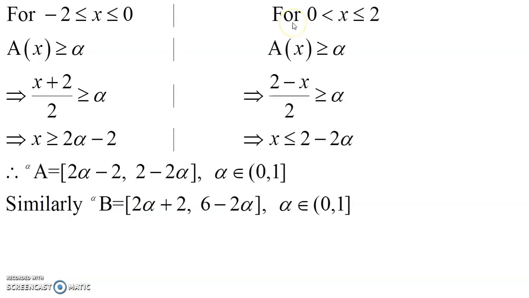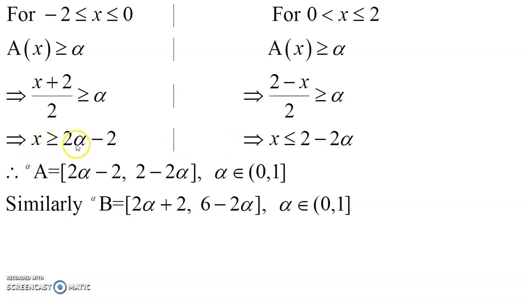The next range for A is 0 strictly less than x less than or equal to 2. In this range, consider the restriction A of x greater than or equal to alpha. For this range, A of x is defined like (2 minus x) upon 2 and it is greater than or equal to alpha as it is. Now writing the restriction for x, we get x less than or equal to 2 minus 2 alpha.